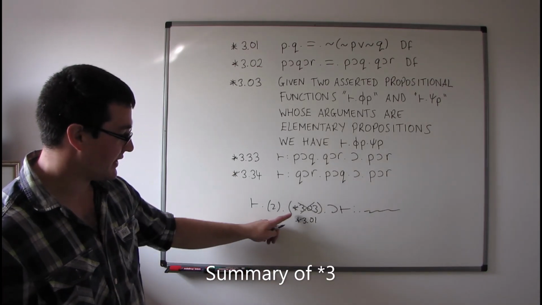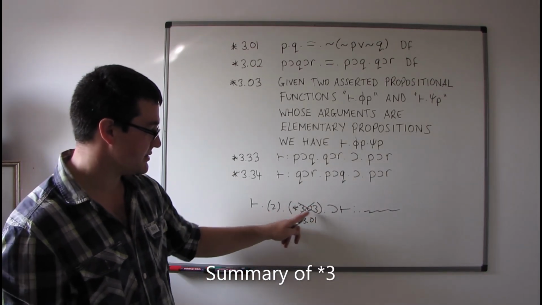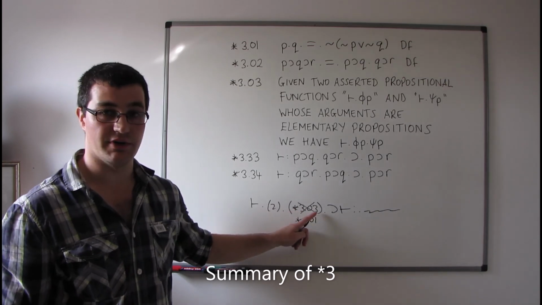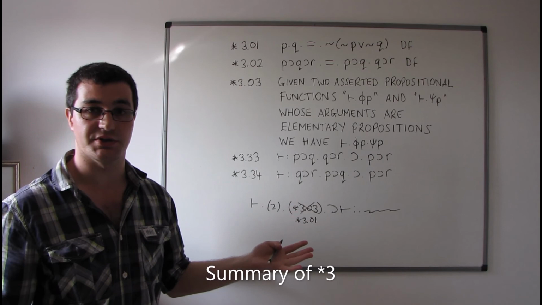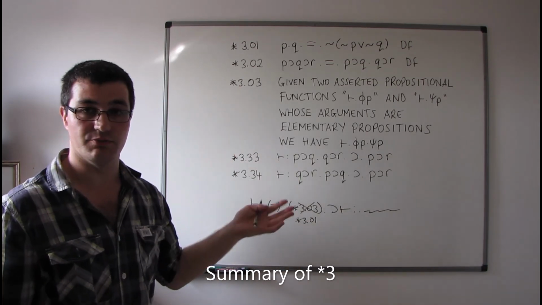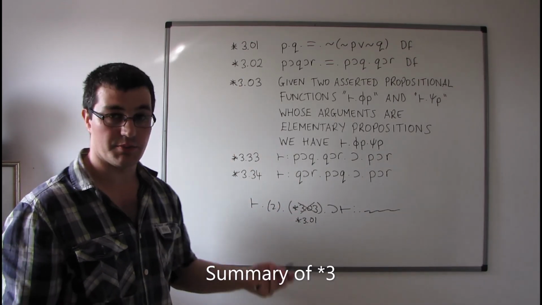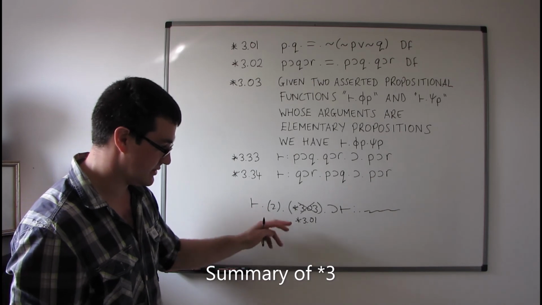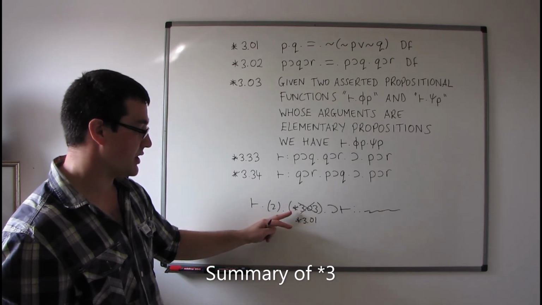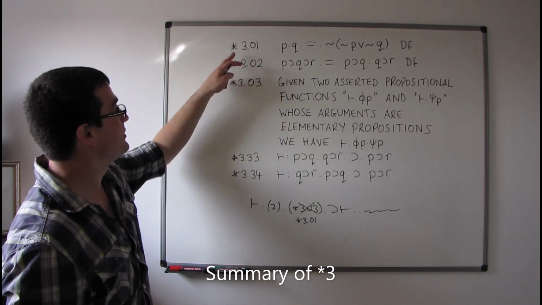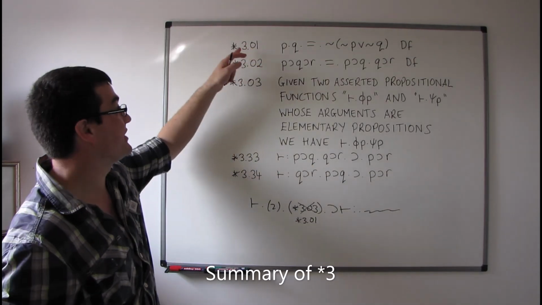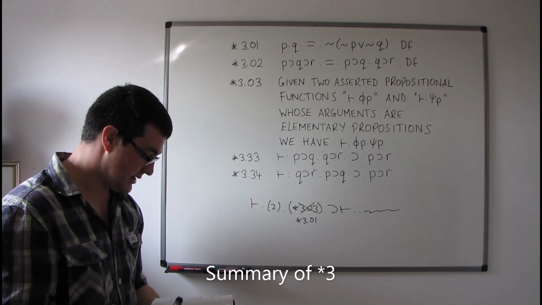But also, the brackets surrounding the 3.03 would indicate that it's a definition. Well, 3.03 is not a definition. It's an actual proposition with its demonstration, and it's not a primitive proposition. So this is in error, and it should be star 3.01, which is use of this definition here. So it's just a minor error.